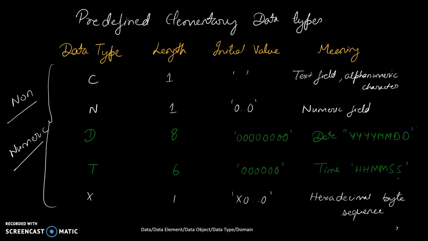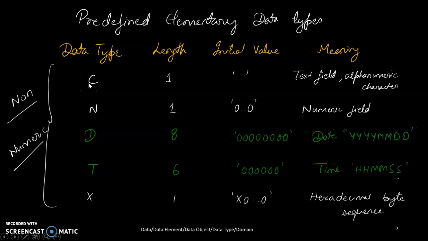Some predefined elementary data types are non-numeric, as discussed, C and X. There is also a non-numeric type called D. D stands for date, and its length is 8 characters. T stands for time, and its length is 6 characters.